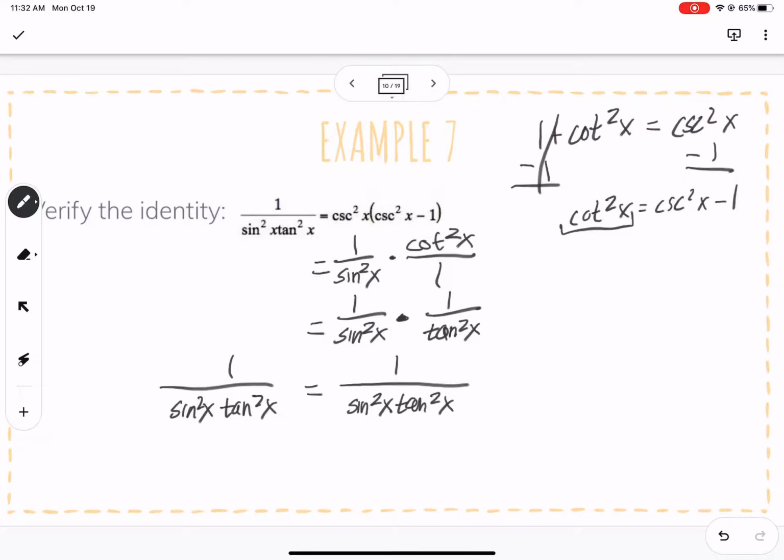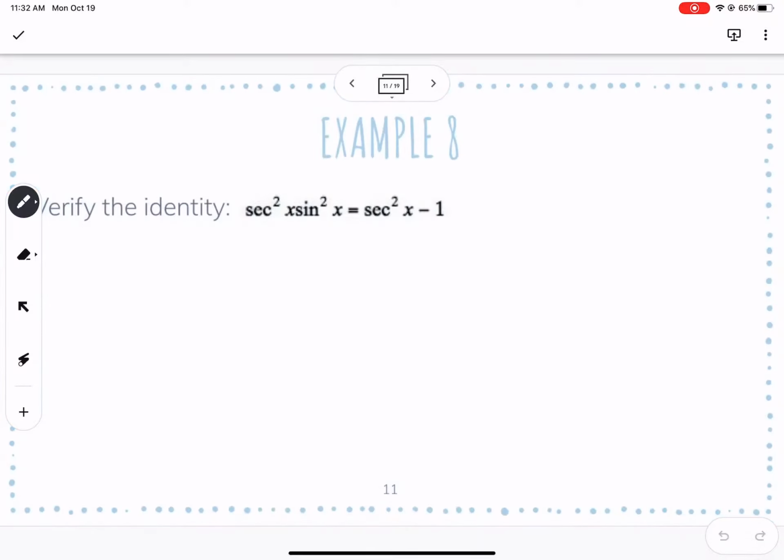All right, let's do a couple more. Here we have something that looks pretty equally complex, but on the right side I recognize one of the Pythagorean identities, secant squared minus 1. The second Pythagorean identity is 1 plus tangent squared equals secant squared, and I'm going to subtract 1.